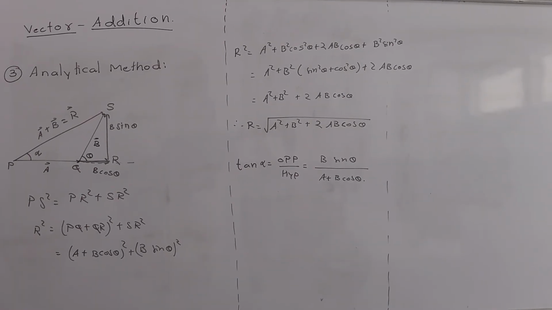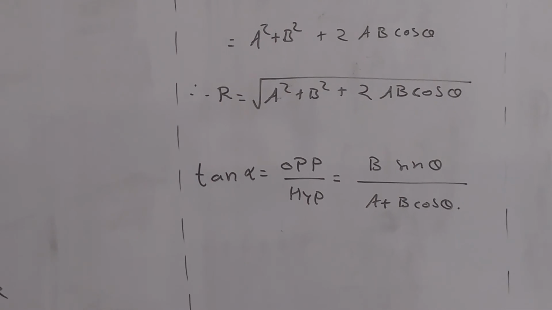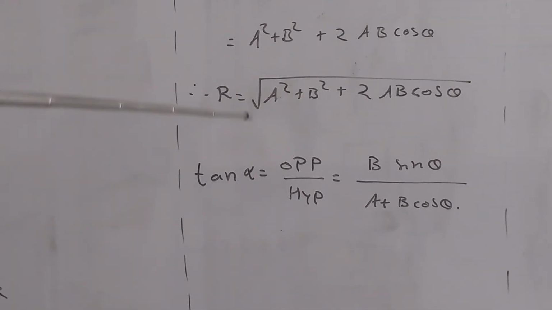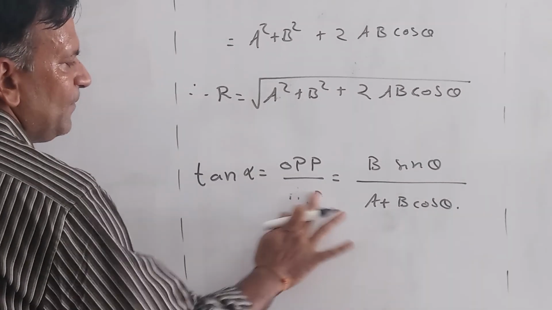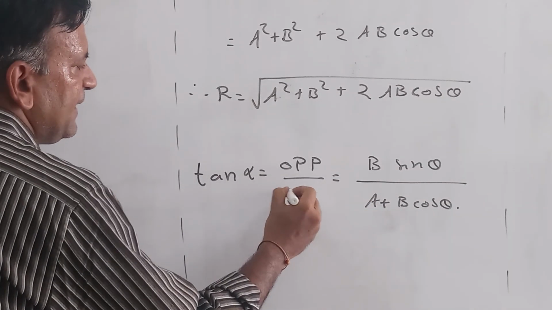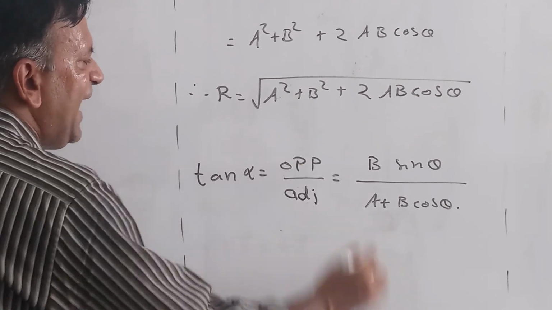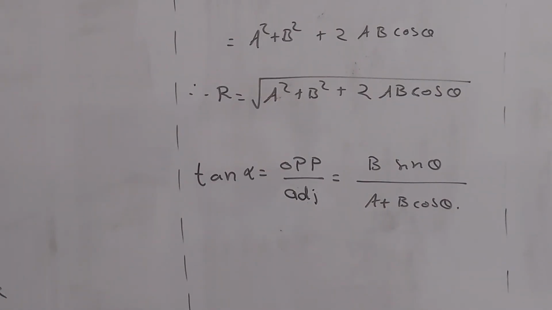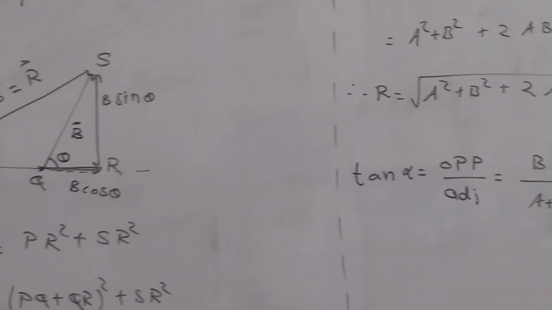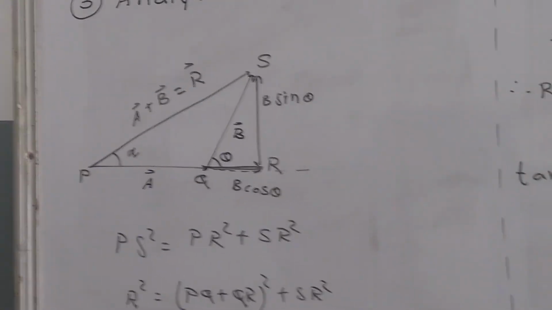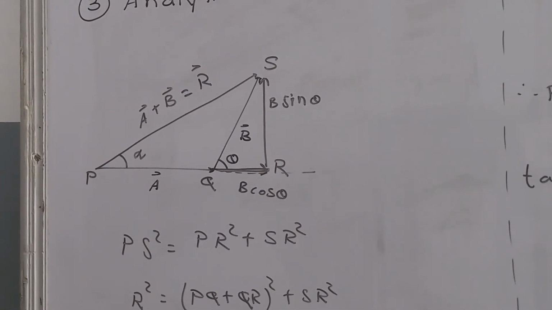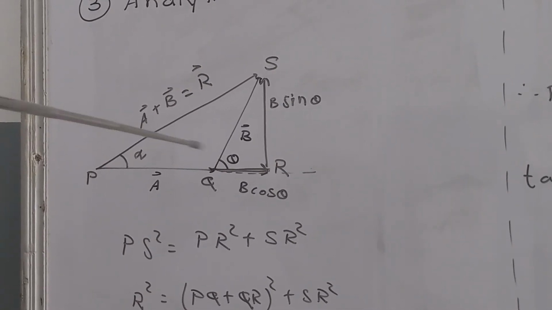Alright, this is how we find the value of tan alpha. Very good. What is tan alpha? It's opposite side by adjacent side. It's not the hypotenuse, it is opposite side by adjacent side. Now look in the diagram. What is shown to us in the diagram is this angle alpha. What is the opposite side of angle alpha?